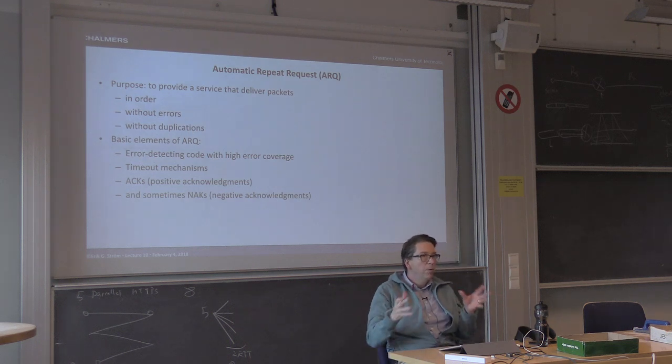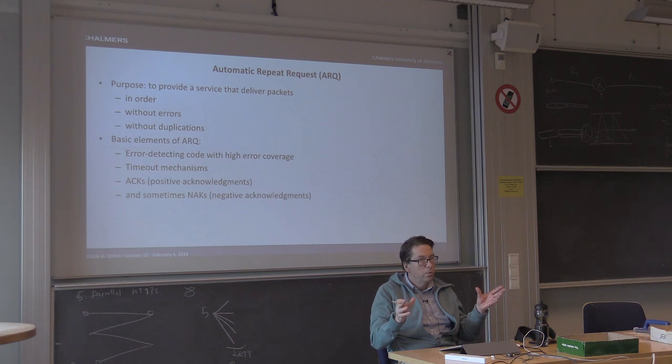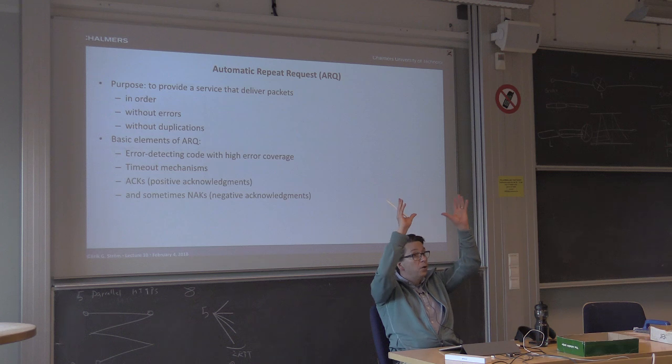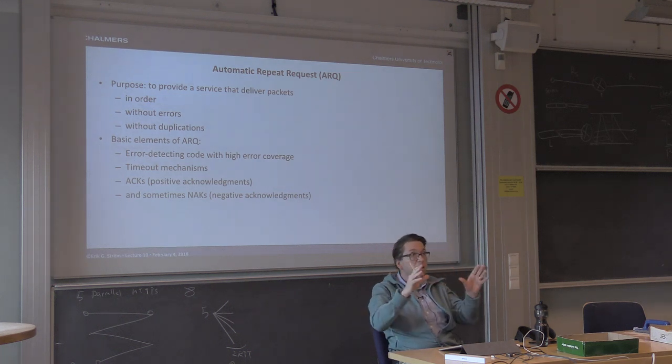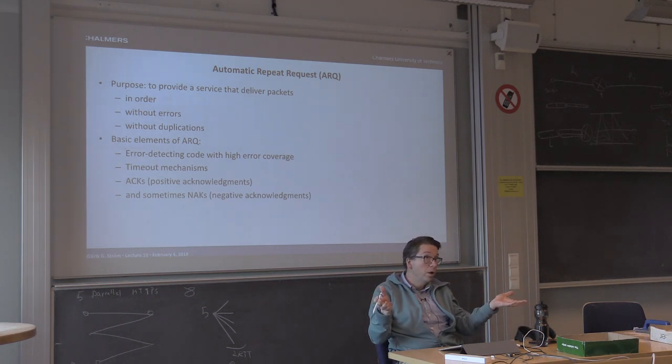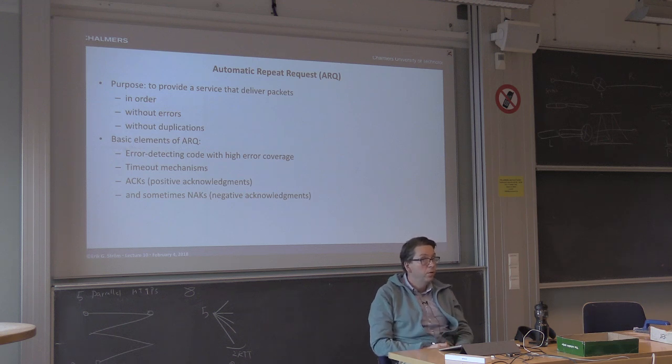So if I'm implementing one of these automatic repeat request protocols, ARQ protocols, I accept service data units from above, right? A sequence of these. And I guarantee that at the receiving end, I will deliver exactly these in order and without duplications and without omissions, obviously, right? So that's the service I would like to implement.